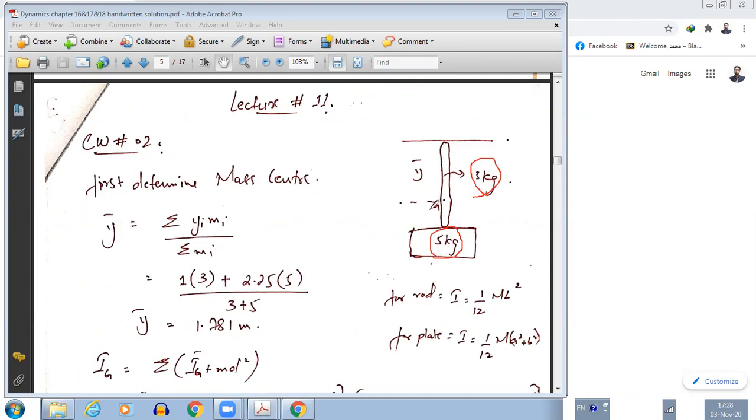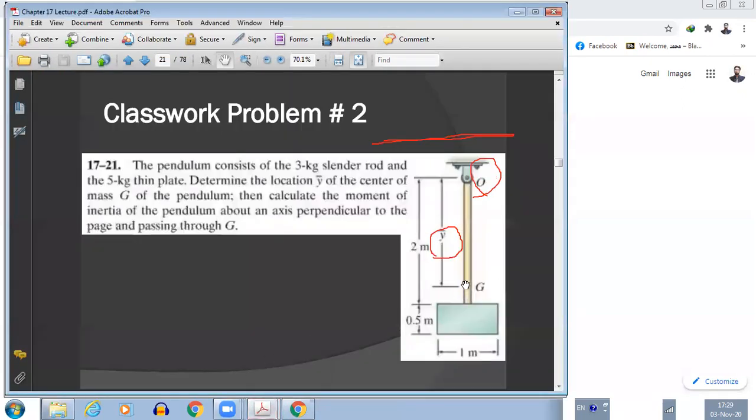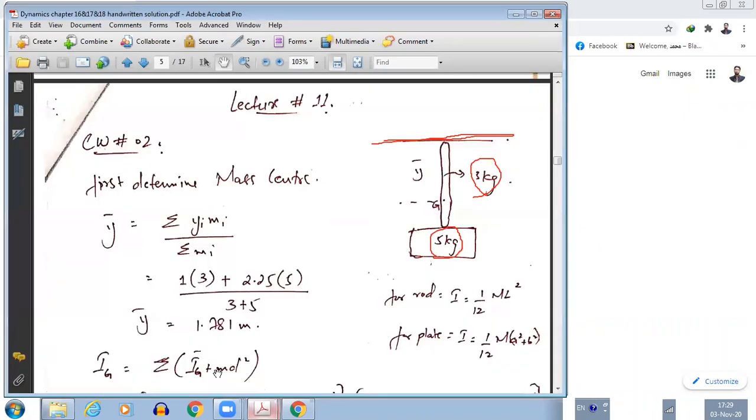Okay, so for this cylinder rod, if we take this as our reference point, because the dimensions were given there, this is actually 2 meter, this is 2 meter, and this is 0.5 meter. So for the cylinder rod, the half would be 1 meter, because this is 2 meter.